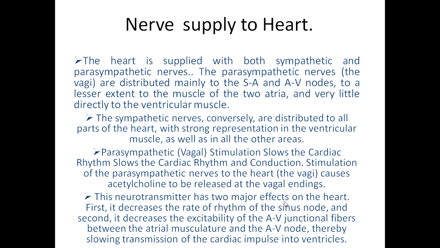So what is the effect of this neurotransmitter? It has two major effects on the heart. First, it decreases the rate of rhythm of the SA node, that is the sinus node, and second, it decreases the excitability of the AV junctional fibers between the atrial musculature and the AV node, thereby slowing transmission of the cardiac impulse into the ventricles.